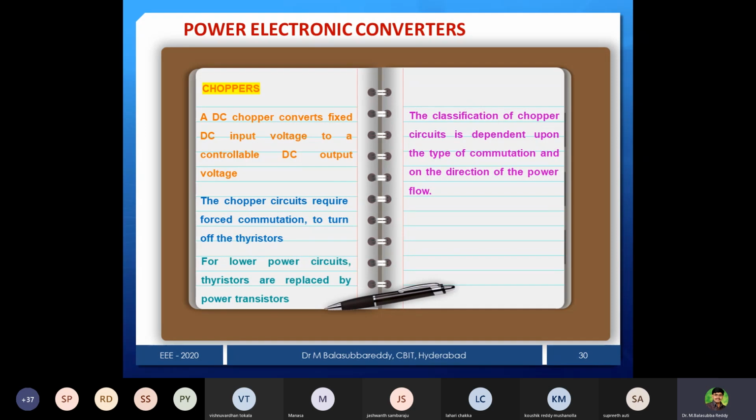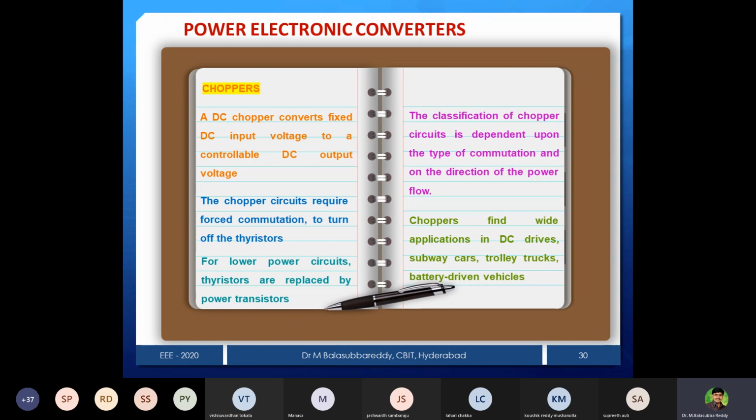Another classification is based on whether it is a step up chopper, a step down chopper, or an up and down chopper. That is the classification.